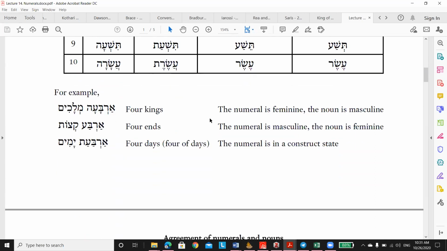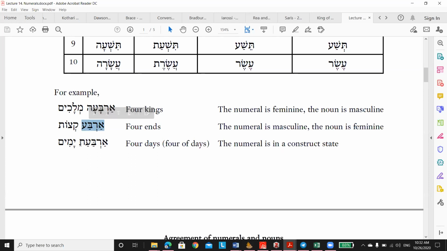So let us see several examples, like Arba'a Melachim, 4 kings. Arba'a is feminine, Melech is masculine. That is why Arba'a is feminine. Arba Ketzot. Now you can see Ketz, the end is feminine. So that is why Arba is masculine.